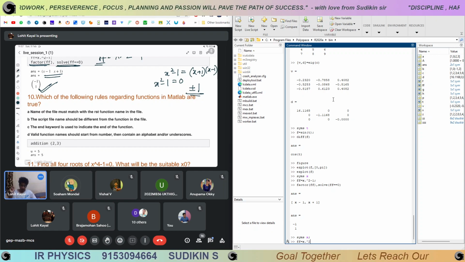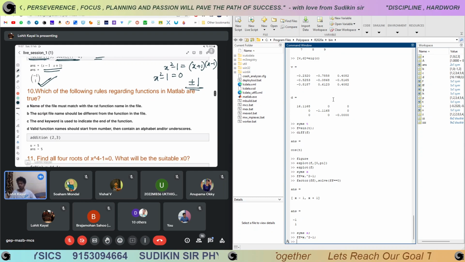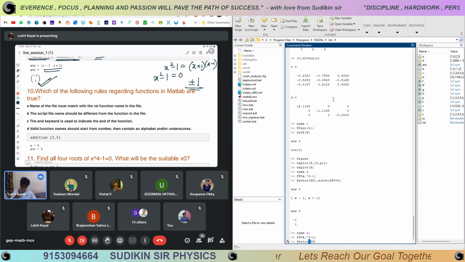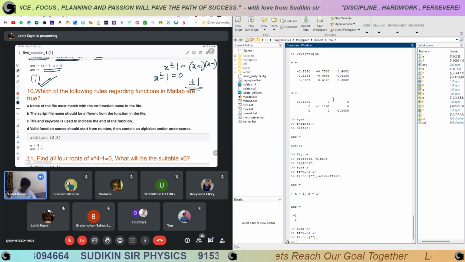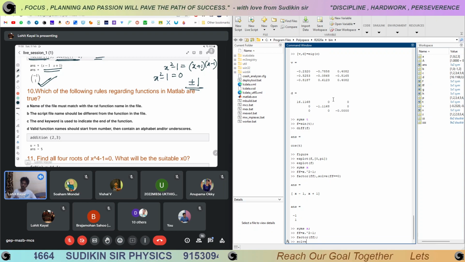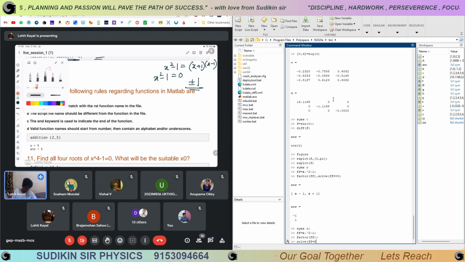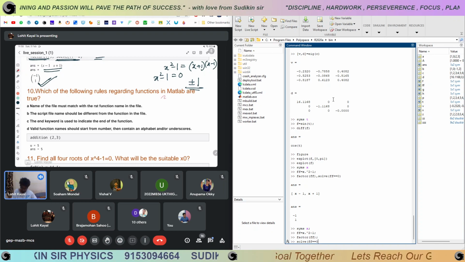Okay, now one small question regarding the function. We will do many things about functions later; this is just a small introduction. Now here I have written a function. To write a function, please remember the syntax. Let me use some other color, red, because this is important. Suppose you are writing a function.